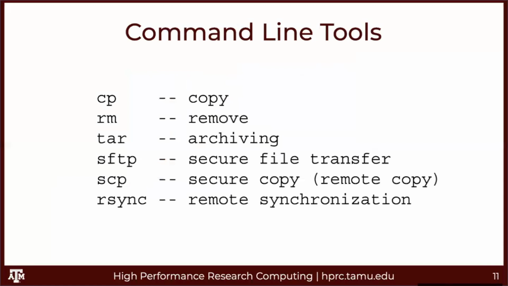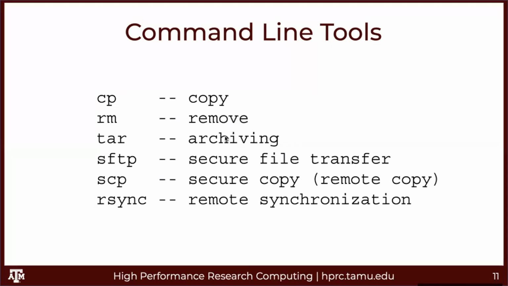Now we'll shift gears a little bit and talk about the command line tools for working with our data, with our files. Here's a brief outline of the commands that we'll be using. At first, we'll cover the copy and remove commands, which are useful for managing files on just one machine.